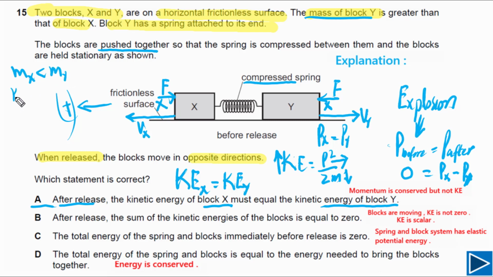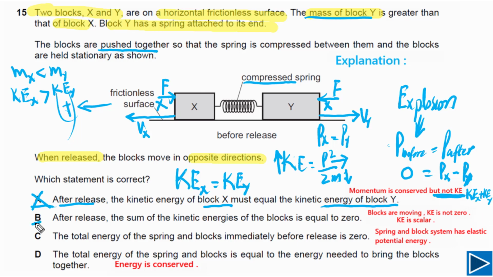It simply means kinetic energy of X will be greater than kinetic energy of Y. So the kinetic energies are not equal, so this is not the correct option. As you can see, I have written here momentum is conserved, kinetic energy is not. They have different kinetic energies. It simply means kinetic energy of X is not equal to kinetic energy of Y.